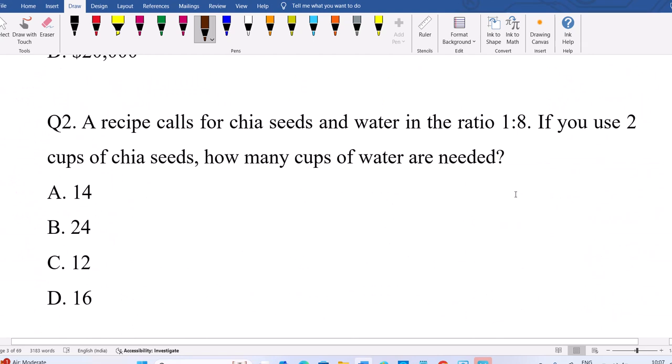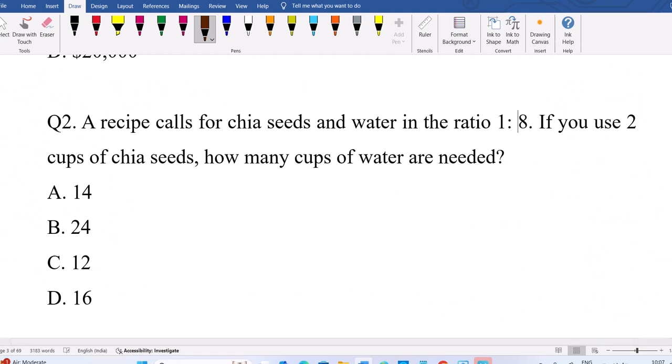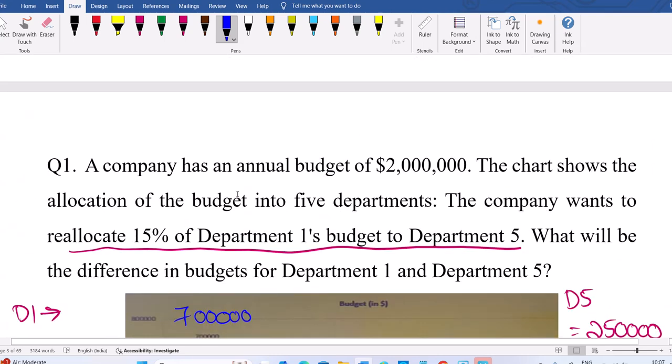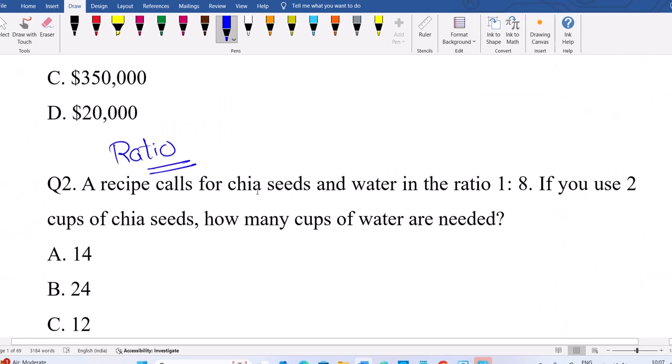Good. Now see this next question. Ratios related, very basic questions they are asking in general. Ratio concept. The previous one was data interpretation, and this is related to the ratios concept.